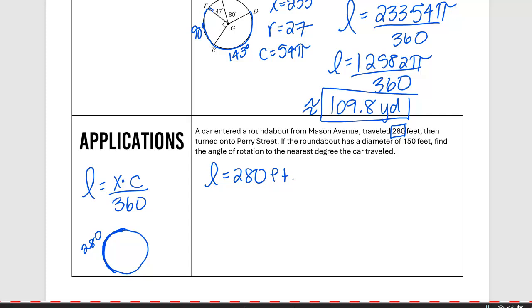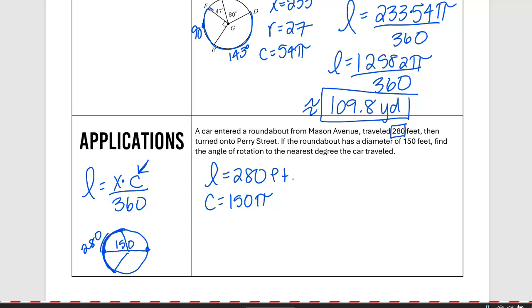Then it tells us that the roundabout has a diameter of 150 feet. That means that it's giving us the circumference. So our circumference is 150 pi. And then it wants us to find the angle of rotation that the car went through in this roundabout.